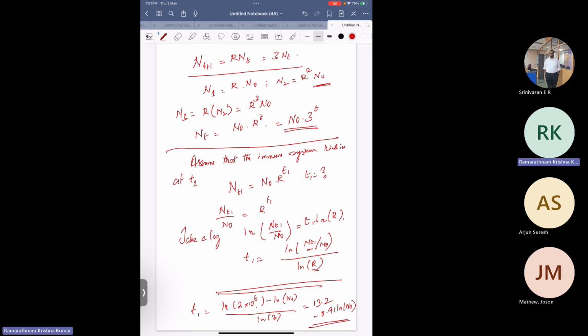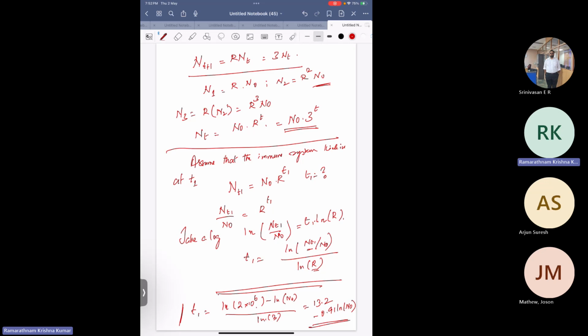So that's the equation. What's interesting about this equation? What does it tell?